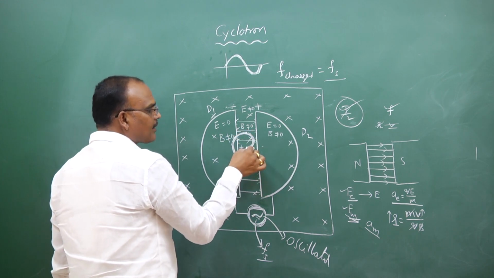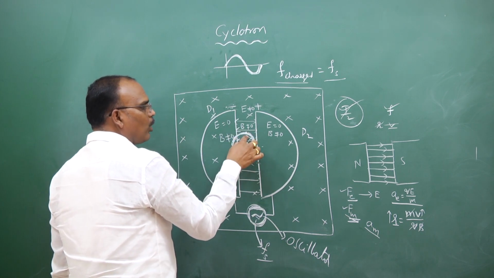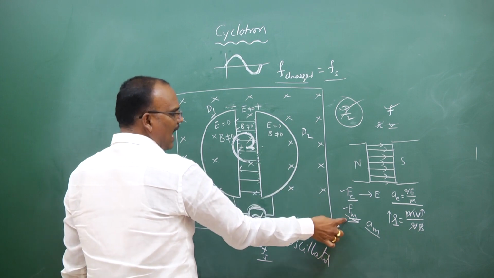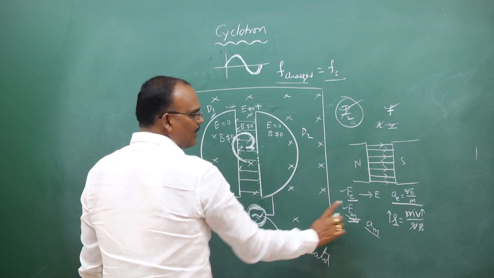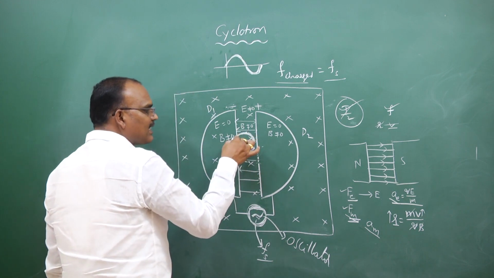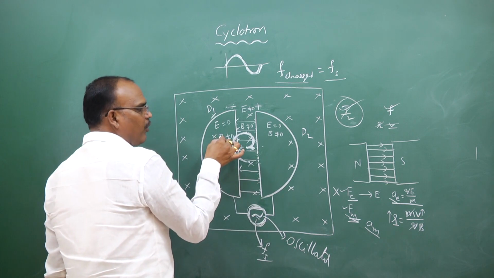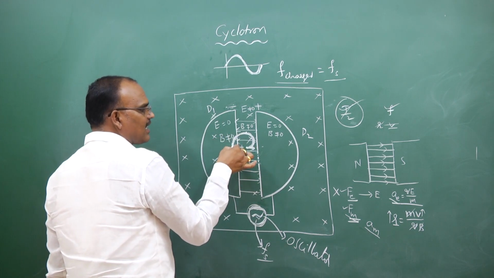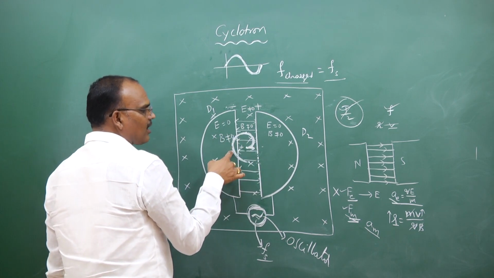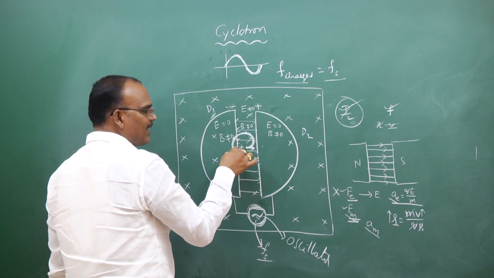As long as this ion lies between the D's, both electric force and magnetic force will act, both accelerations will be there. Electric acceleration increases speed. Once it goes inside the D, there is no electric force, only magnetic force. Magnetic force changes the direction, so radius of the circular path does not increase, radius remains the same.